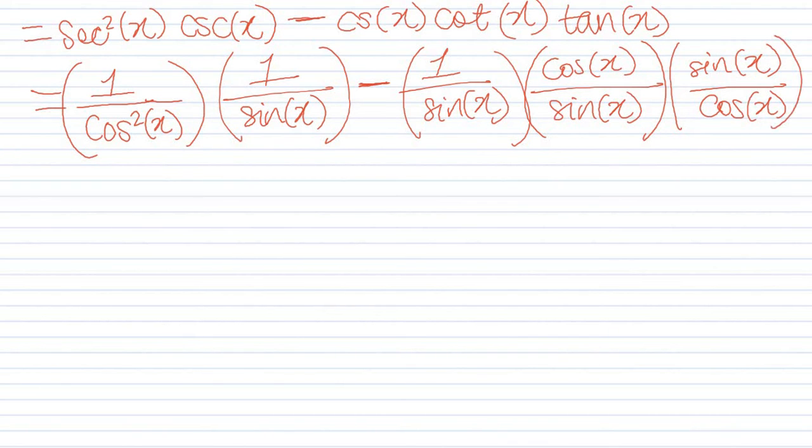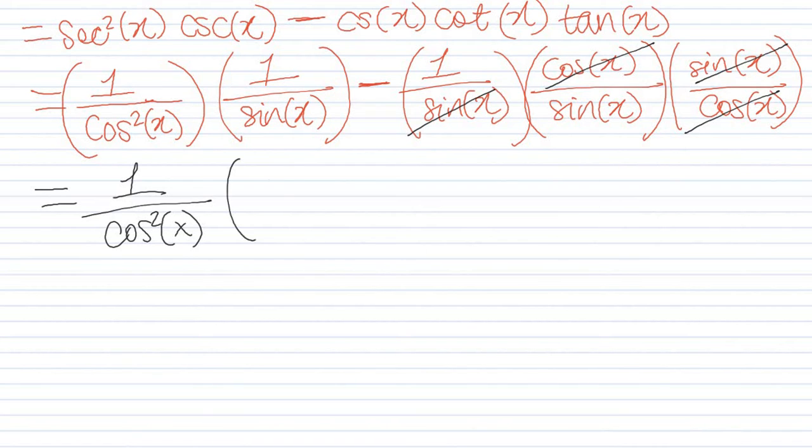So now that we have that information, what should we do? Since the goal was to simplify anyway, we can cancel stuff out. We have sine x here, sine x there, cosine x here, cosine x here. So what we have here is going to be 1 over cosine squared x multiplied by 1 over sine x, minus 1 over sine x.